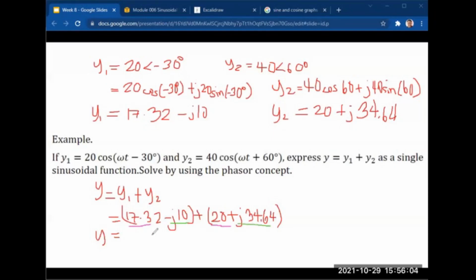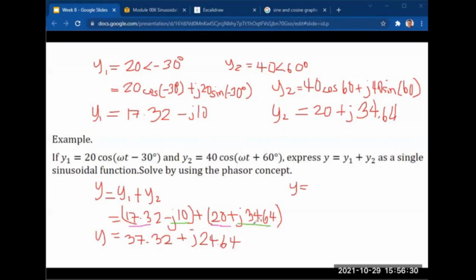So 17.32 plus 20 is 37.32 plus j24.64. Okay, so this is in rectangular form. Our next step will be to convert this one to polar form.